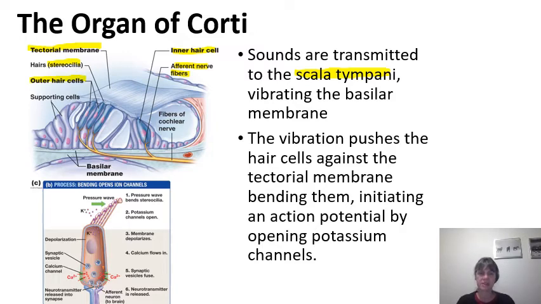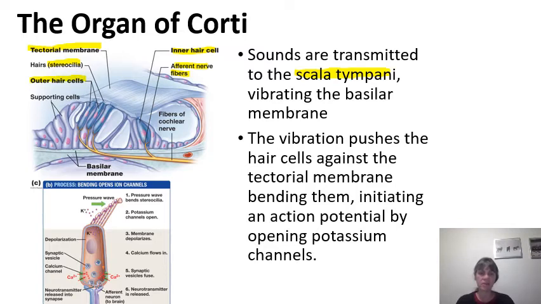And when those stereocilia move, the pressure wave will bend those tiny little stereocilia, allowing potassium channels to open. When potassium comes in, that initiates an action potential depolarizing the membrane of these hair cells.